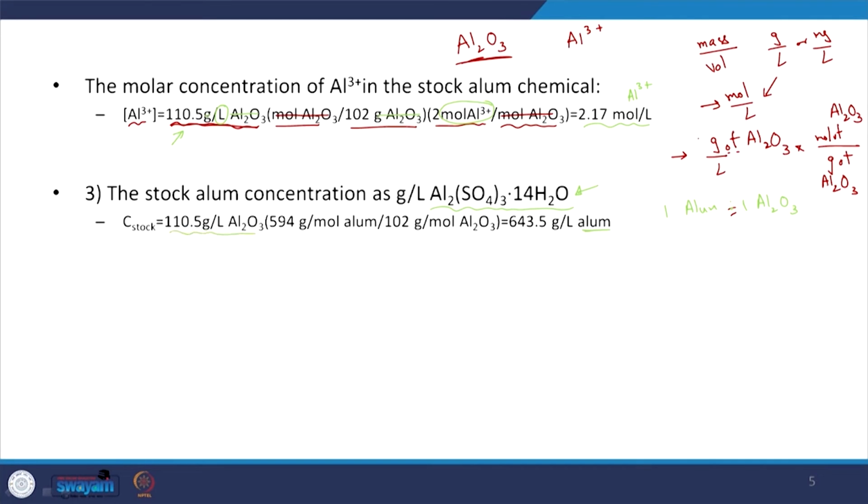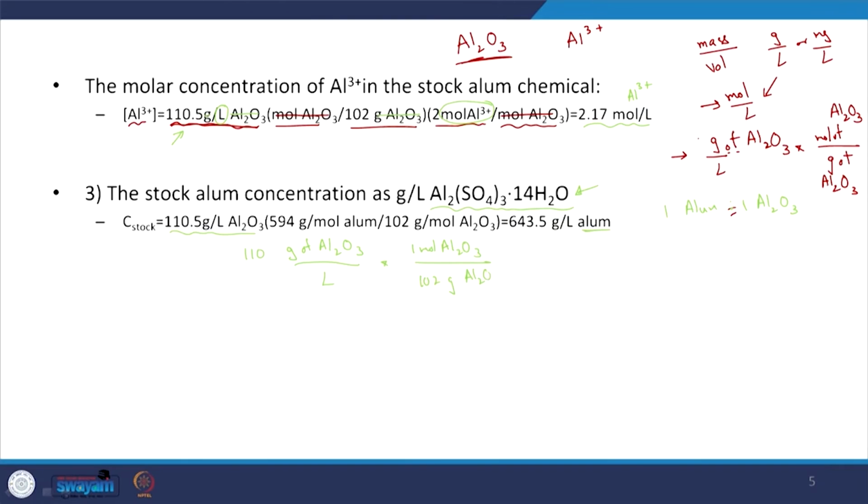And what do we have here? We have 110 grams of Al2O3 per liter of water. If I divide that by the molecular weight, I have 1 mole of Al2O3 per 102 grams of Al2O3.